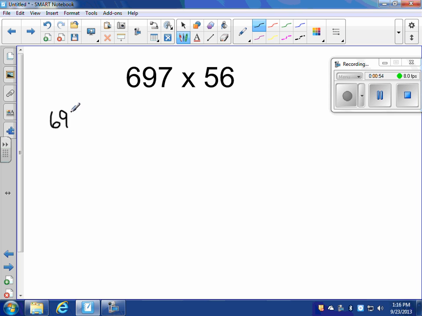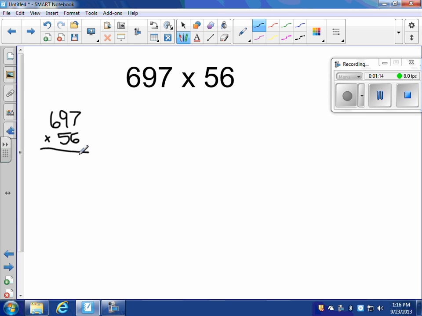we're going to take 697 and put it on top because it contains the most digits. And we're going to multiply by 56. We're going to start by multiplying the ones place, meaning multiplying 697 by 6.